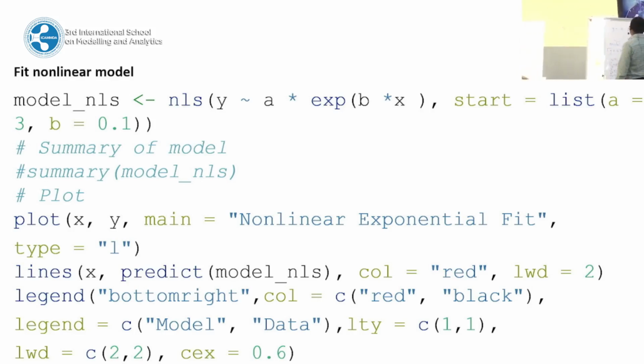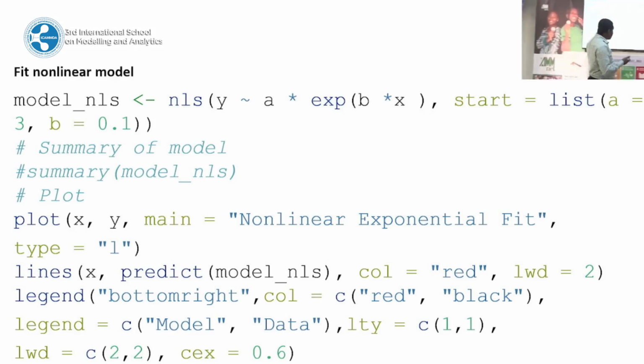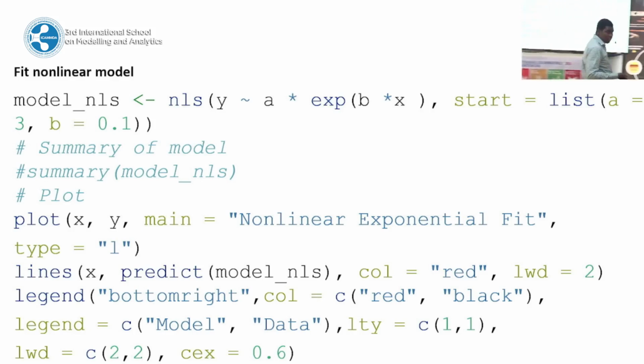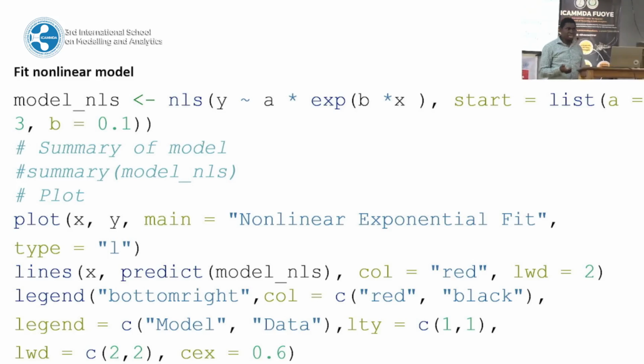So now we have decided to use the model A exponential bx, isn't it? Are we together? So I will now have to specify also what I want my output variable to look like, which is y. So I want y to be fitted to what?